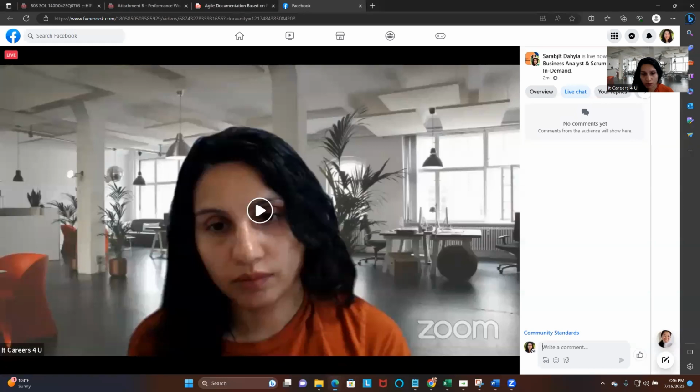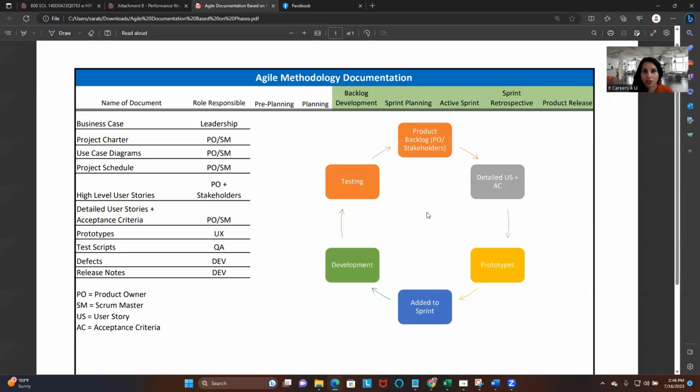The key difference is that in a waterfall scenario, we will see a lot of documentation done upfront in the analysis phase, and in the Agile environment, we continue to work on documentation based on the prioritization of that function or feature. So give me 1 second and I'll share my screen and then we will go through Agile documentation.